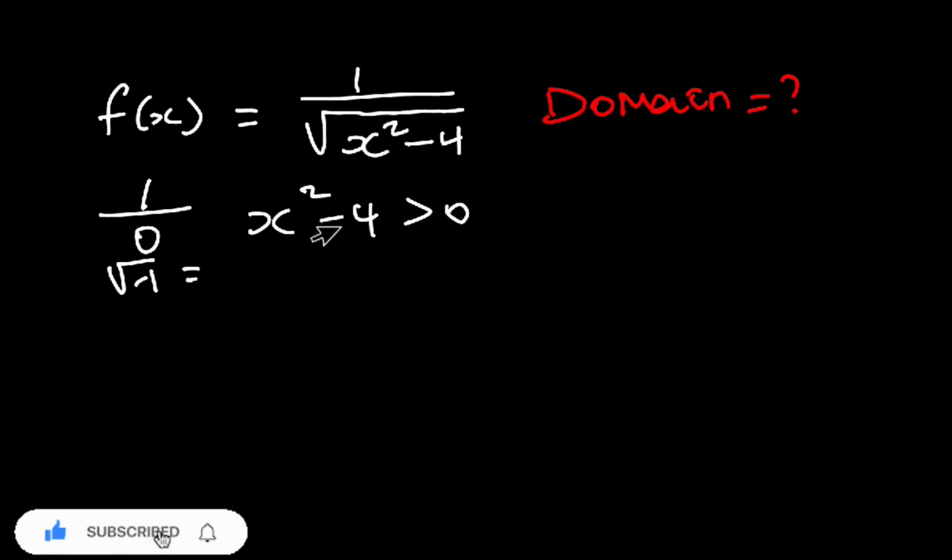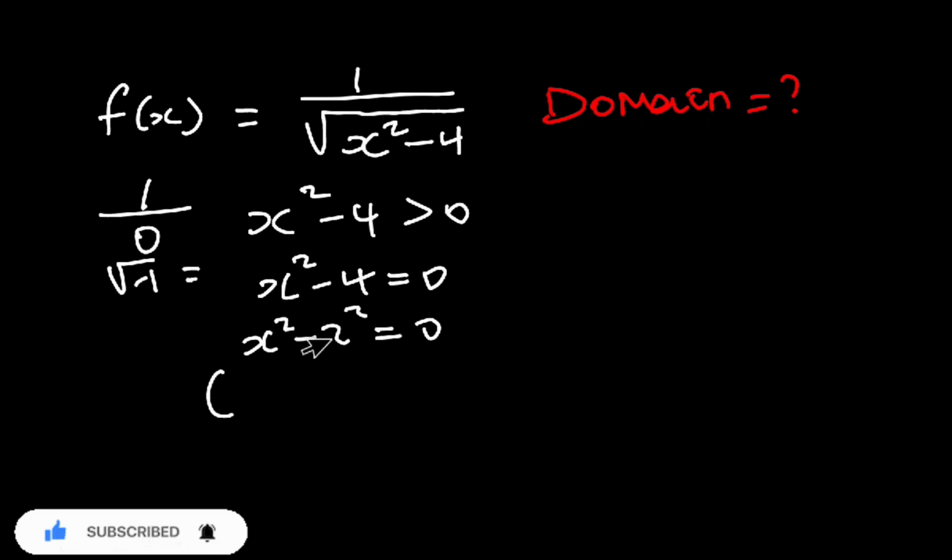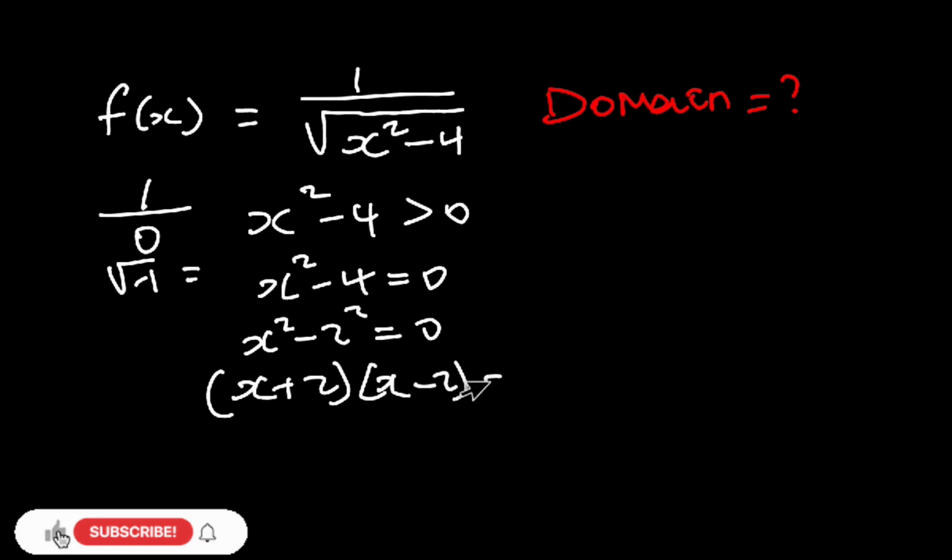So we're going to solve for the values of x in this inequality. But first of all, let's equate it to 0 and find the critical values. We know that x squared minus 4 can be written as x squared minus 2 squared, and this should be 0. Factoring this out as a difference of two squares, we have (x plus 2)(x minus 2) equals 0.